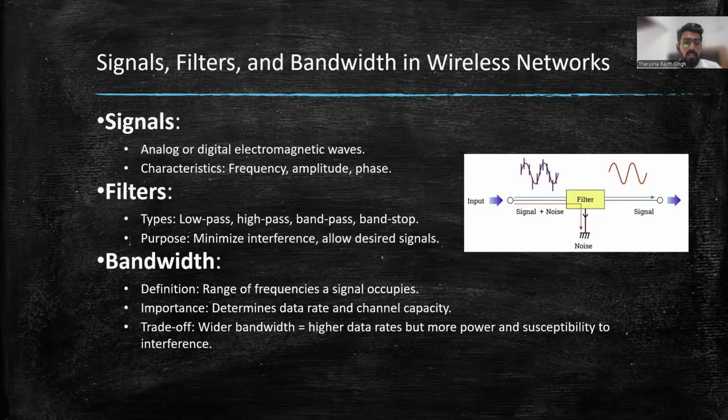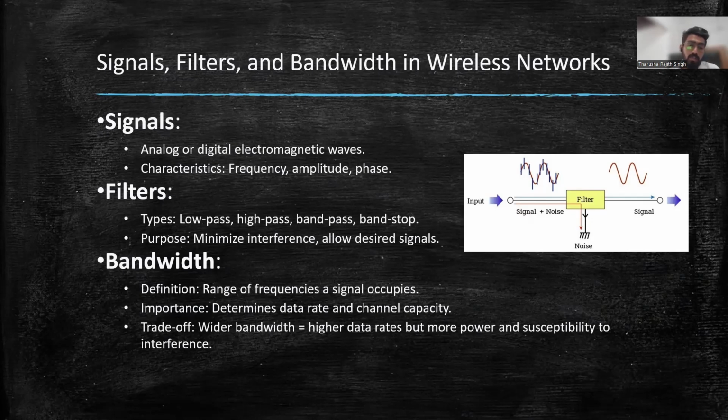The characteristics of a signal, such as its frequency, amplitude, and phase, determine how it is processed and transmitted. For example, in Wi-Fi, signals are transmitted at specific frequencies, like 2.4 gigahertz or 5 gigahertz, to carry data between devices.